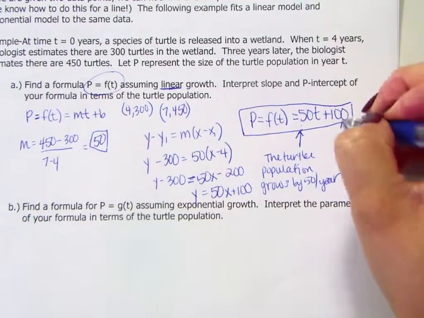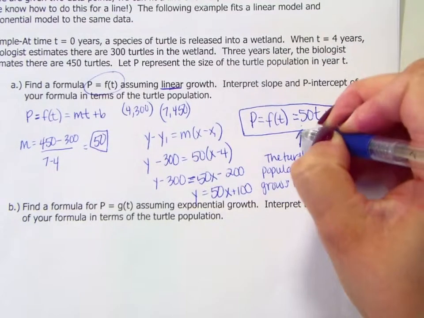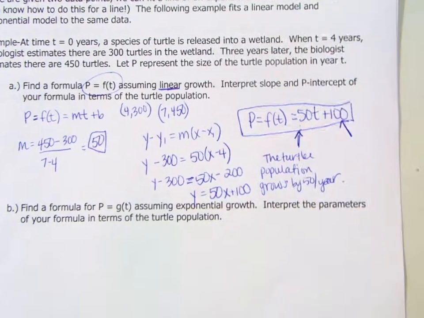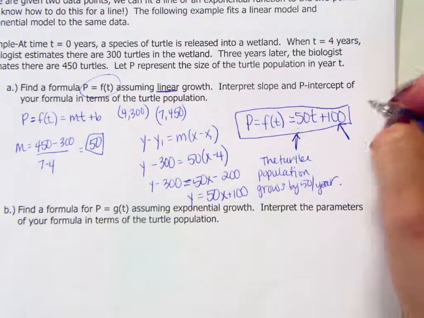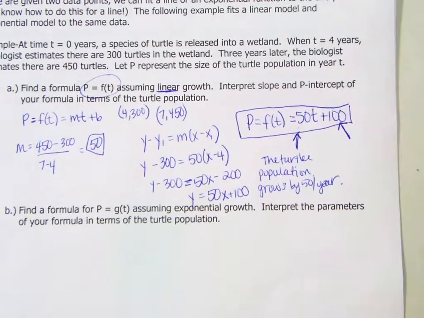Mia, what does that 100 tell us? At 0 years, there were 100 turtles. Okay, so it says at t equals 0 years, a species of turtles was released into a wetland.